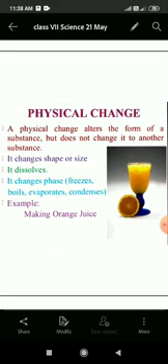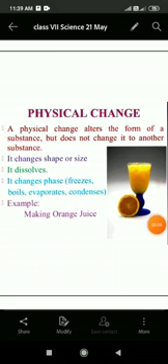And physical change can be characterized by the changes being reversible and temporary in nature, and these changes involve energy but usually quite small.